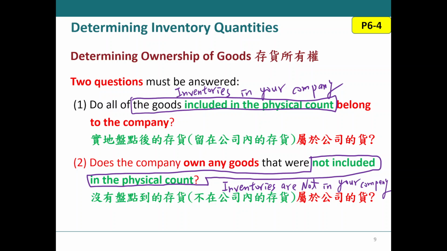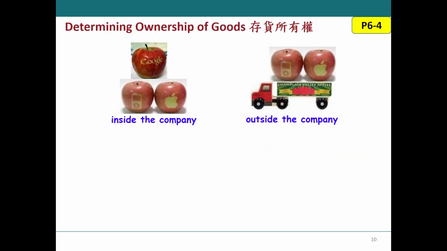Okay, so let me check. Do you know if it's yours or not? You are the Apple company. How many apples belong to you?